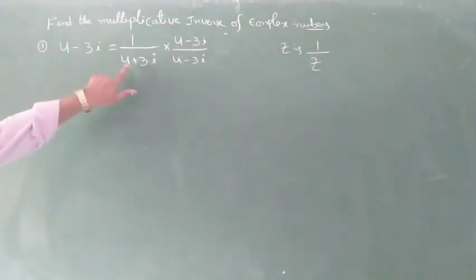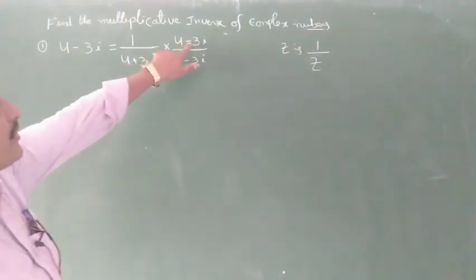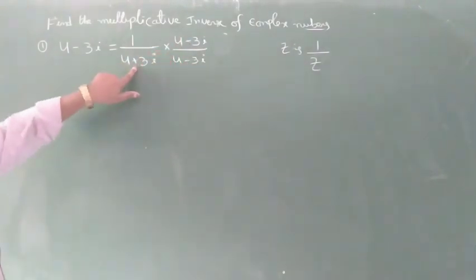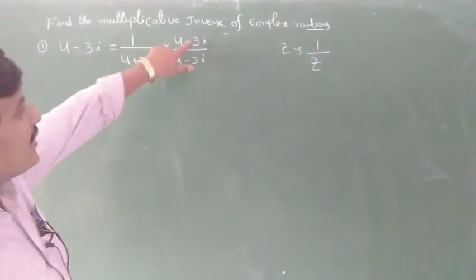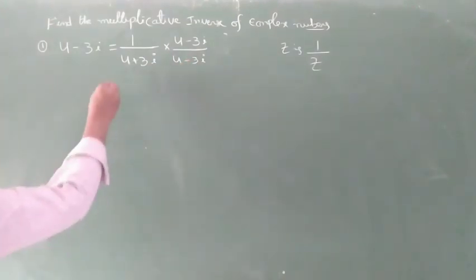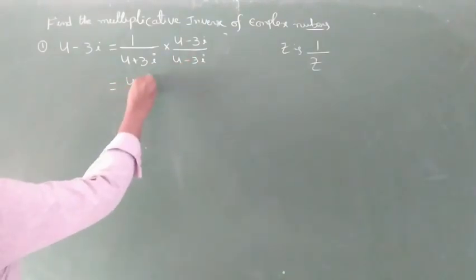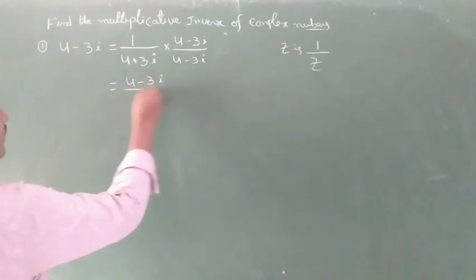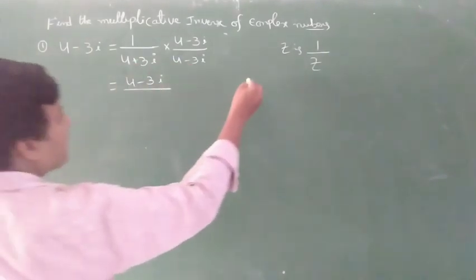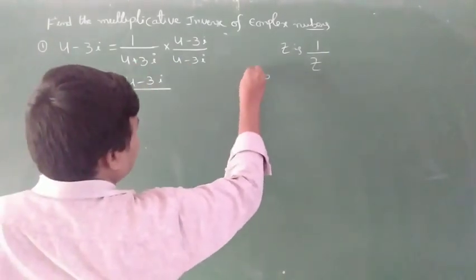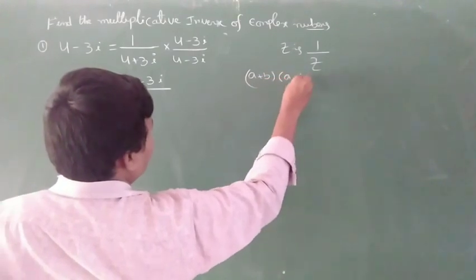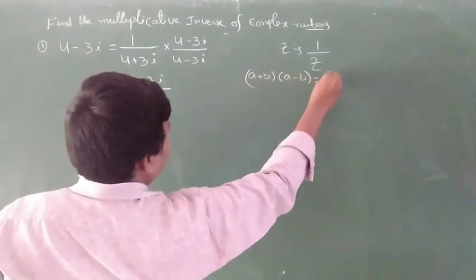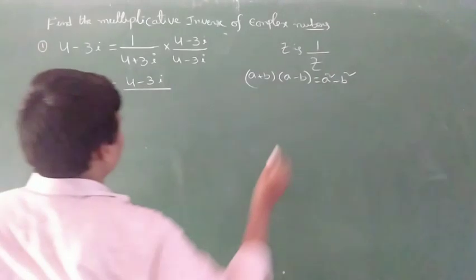Rationalization means plus is converted to minus. Here plus is given, so the rationalization number has minus. That is equal to 4 minus 3i by (a plus b)(a minus b), and (a plus b)(a minus b) is equal to a square minus b square.